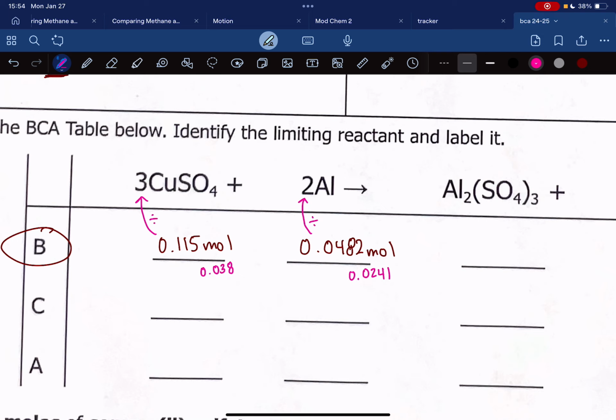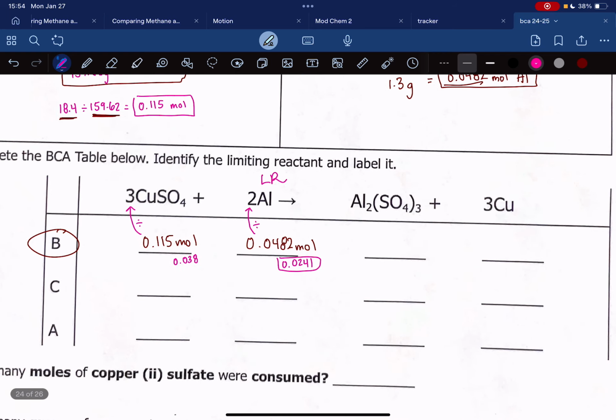So on the example on the front of this page, remember that it was copper sulfate that we ran out of first, and it was copper sulfate that was our limiting reactant. But in this case, since this number is smaller than this number, I know that aluminum is actually my limiting reactant. So I'll label it right away.